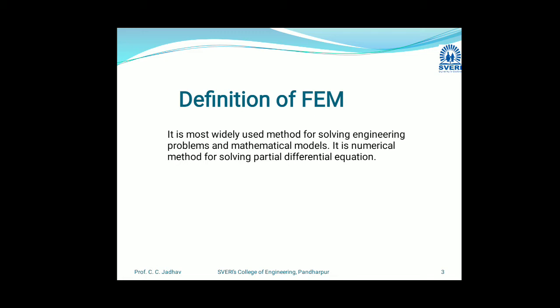Then we solve each separate element, and then we combine all the elements, and then we get more accuracy. So this is the basic idea behind this method. It is a very well-known method for solving complex engineering problems. We will see it in detail in the next point.